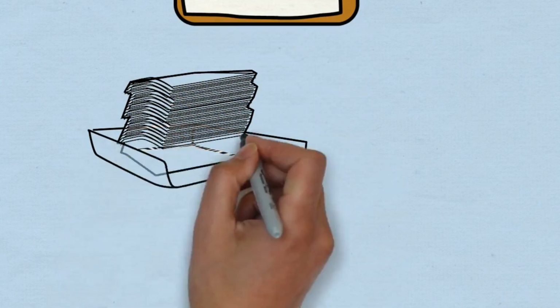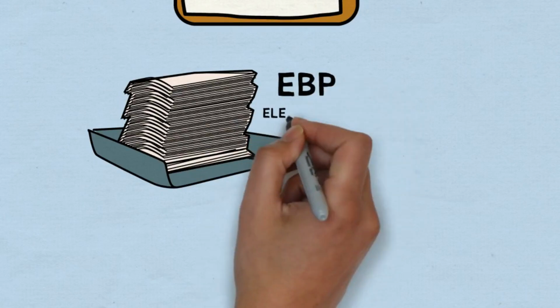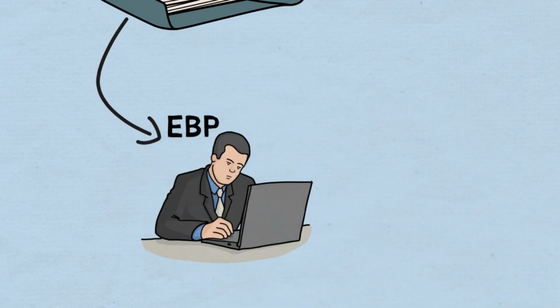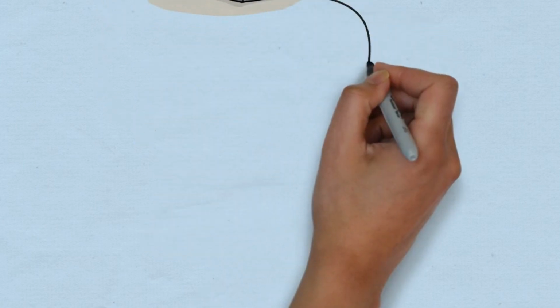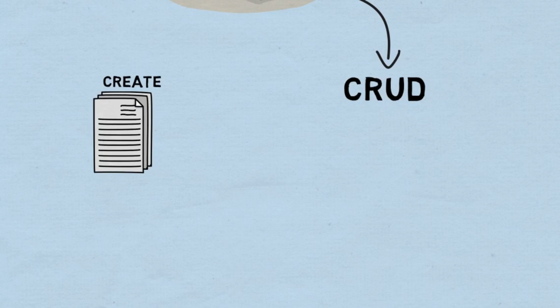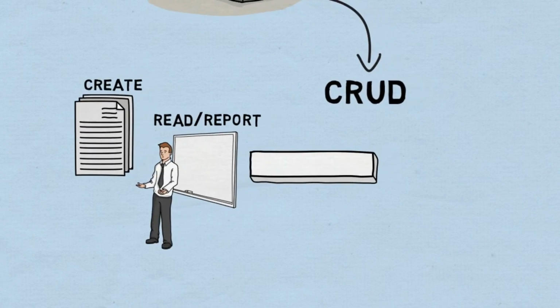Each user has an EBP, or elementary business process: the task performed by one user in one place and in response to a business event that adds measurable business value and leaves the system and data in a consistent state. Next, CRUD, wherein the CRUD analysis technique contains create, read and report, update, and delete.